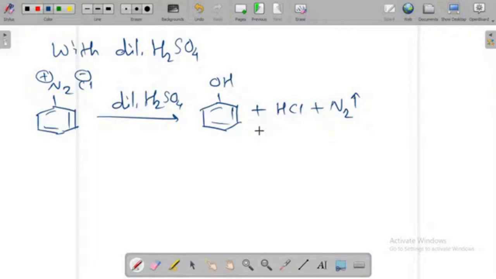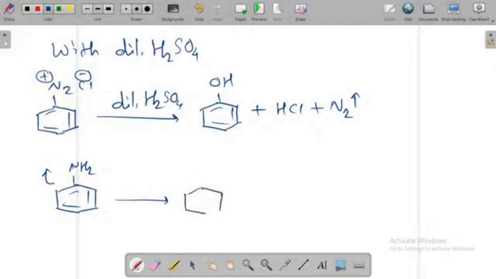Ultimately, if you see this reaction, this NH2 group is converted to OH. This benzene diazonium chloride is formed with the help of aniline. So aniline to phenol you are preparing.